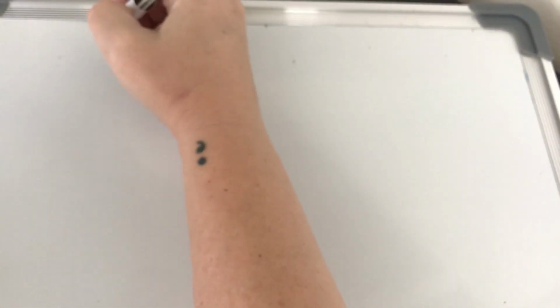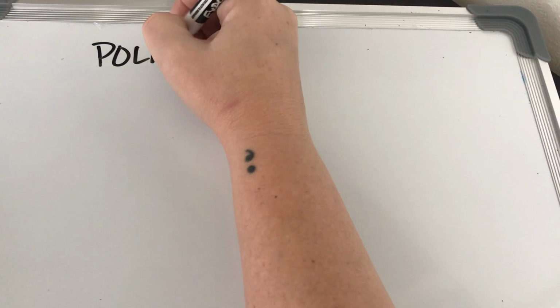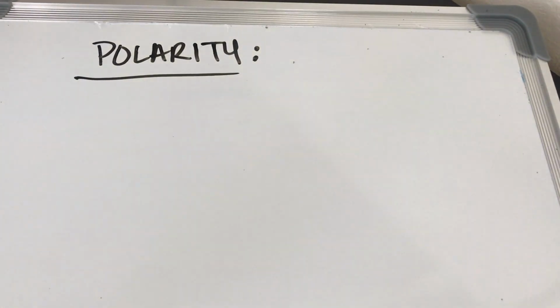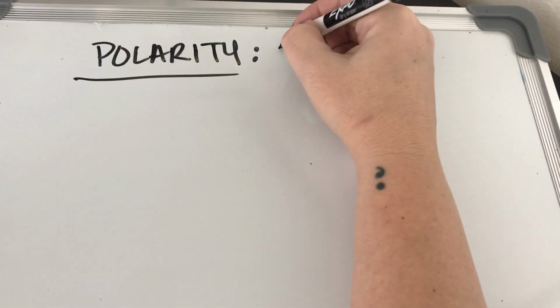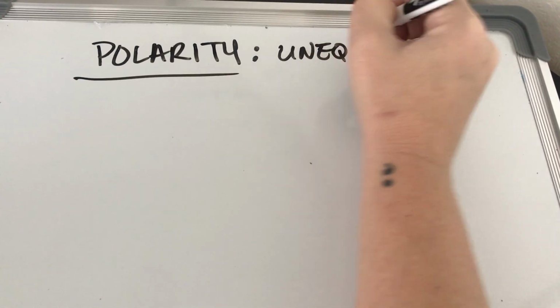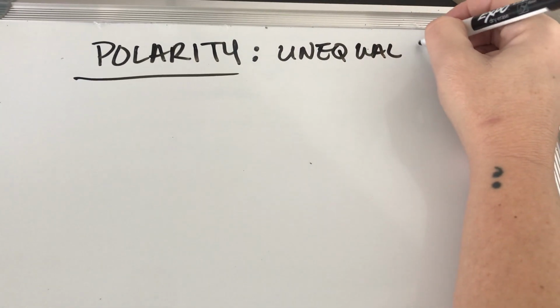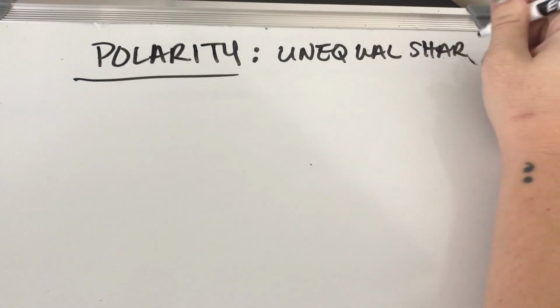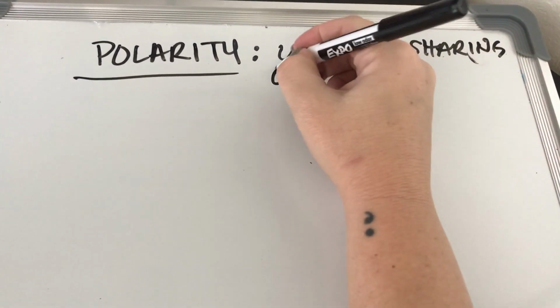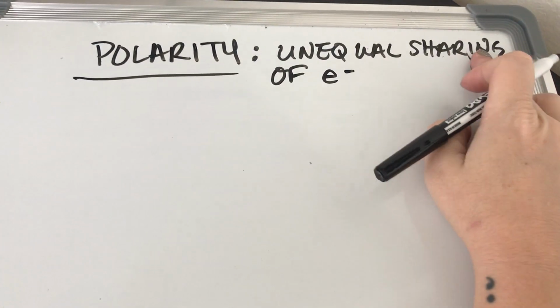All right. So, that's geometry. Now we're going to talk about polarity. Polarity is basically unequal sharing of electrons.